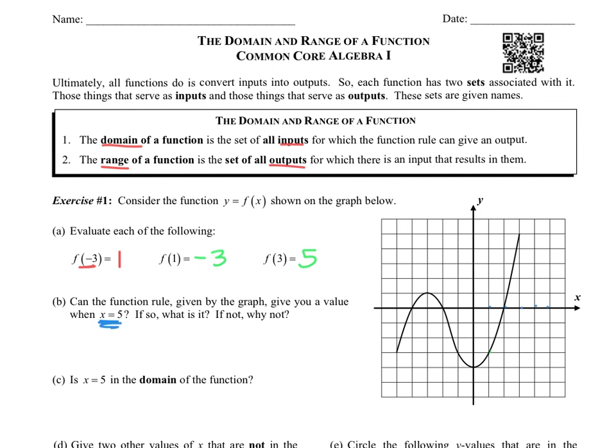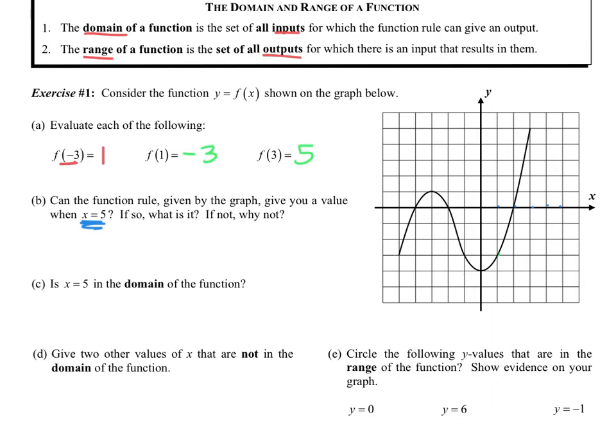The graph doesn't continue to when x is 5. And that allows us to answer question C. Question C says, is x equals 5 in the domain of the function? No, there's no value when x equals 5. 5 is not in the domain of the function.